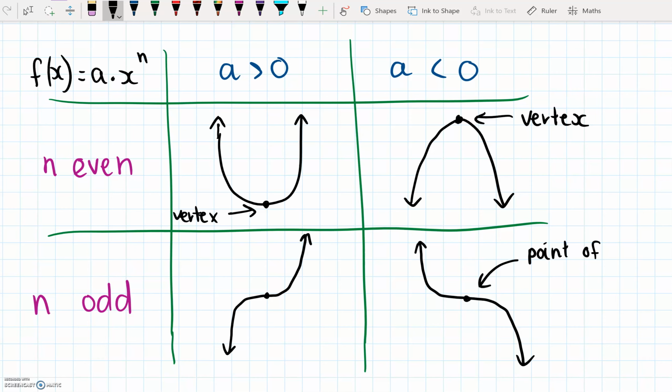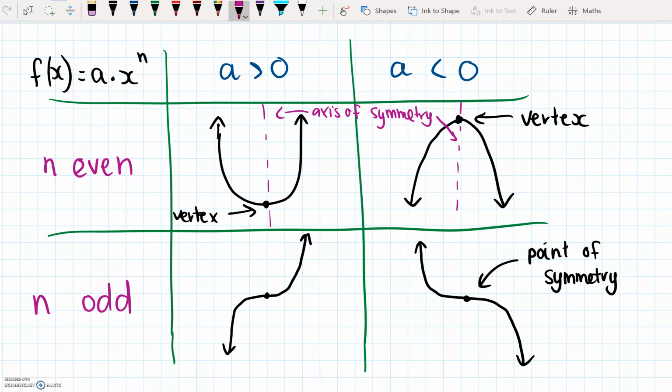of symmetry. Okay, and in the past we've talked about symmetry being a line. Remember, we said that a parabola has a line of symmetry, an axis of symmetry. And in a cubic function and beyond, we actually have point symmetry. Okay, because if you fold it on itself, it doesn't actually come out the same.